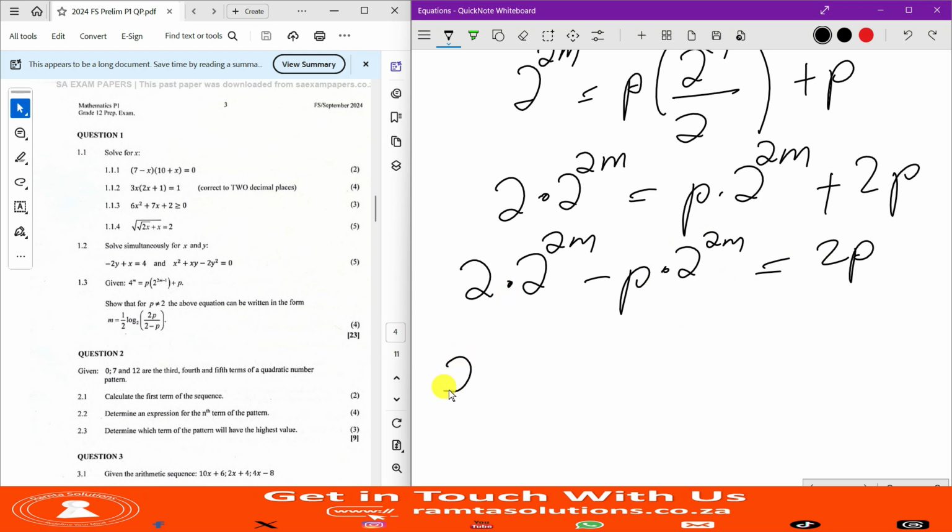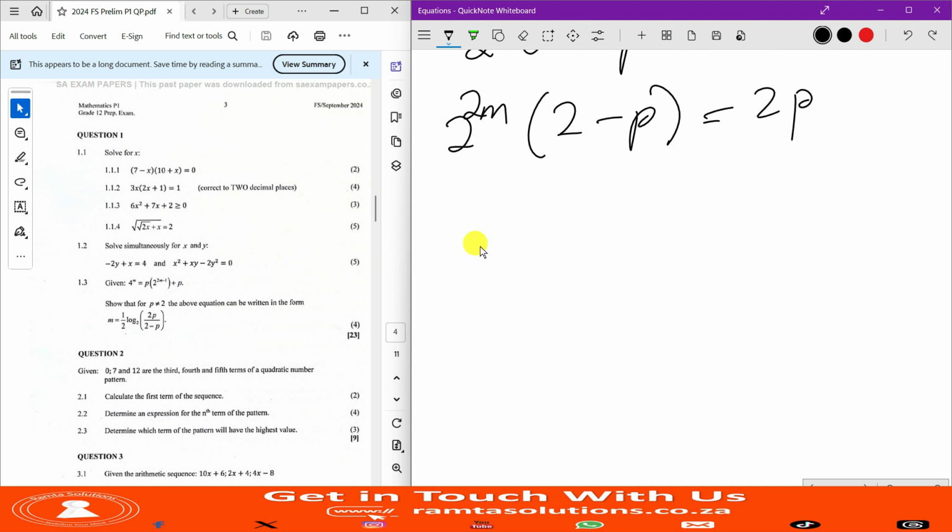It is 2 to the 2m. We are left with 2 minus p, which is equal to 2p. Then we will say 2 to the 2m equals 2p over 2 minus p.